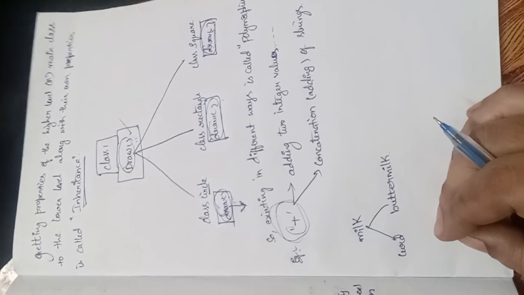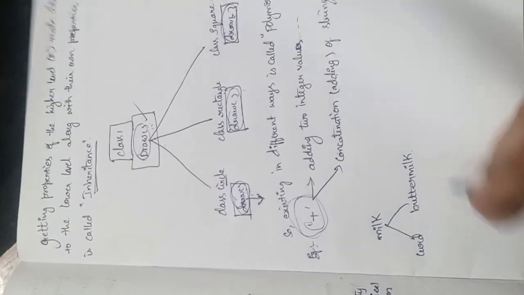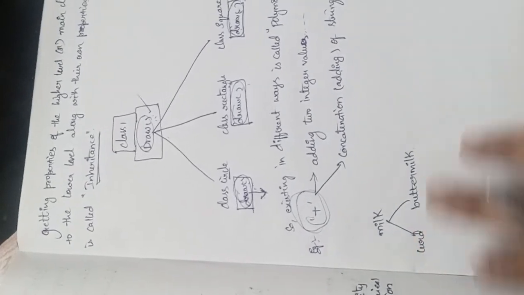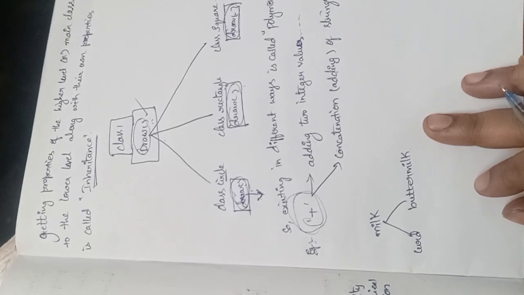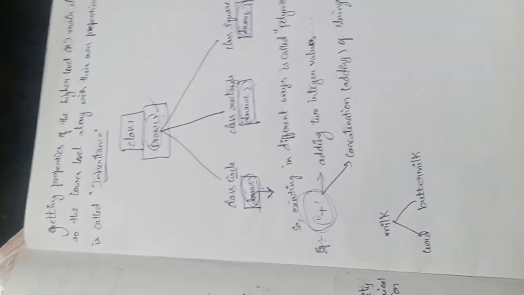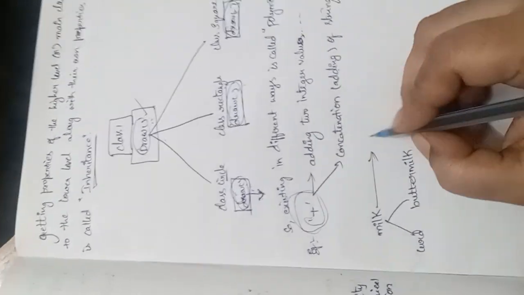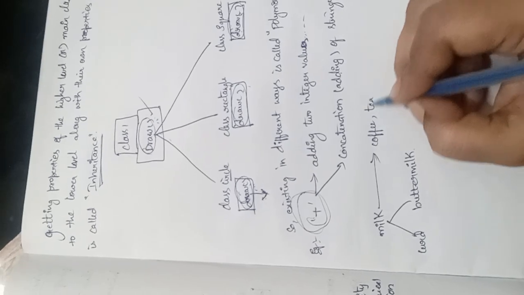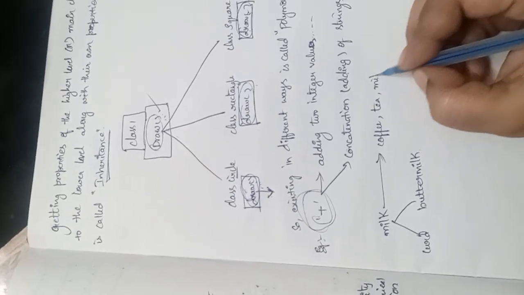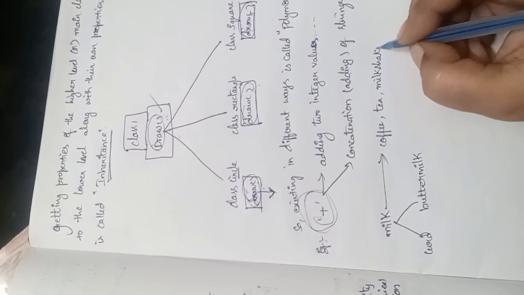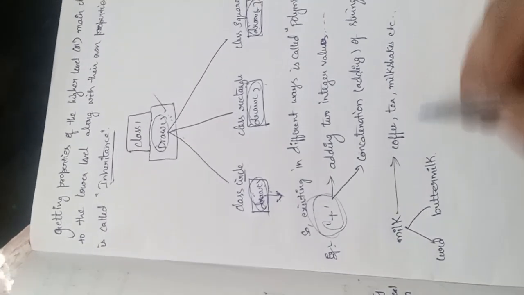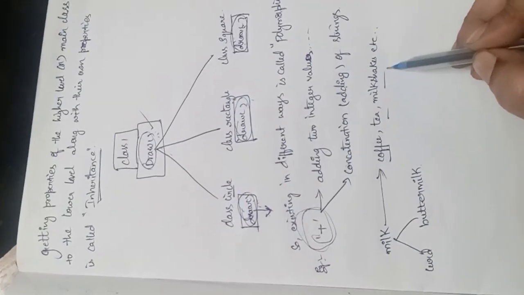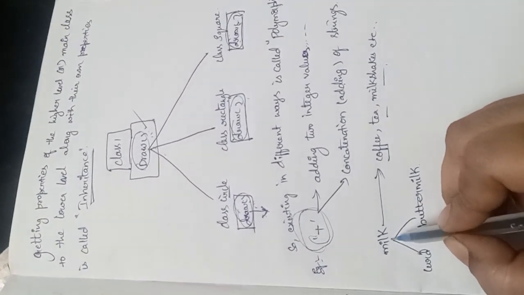All of this comes from milk only, in different forms. Otherwise milk can be used in coffee, tea, milkshakes, etc. In these, milk is available in different forms. You can take this as polymorphism.